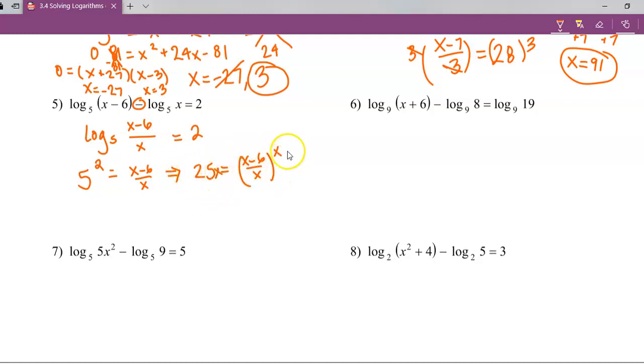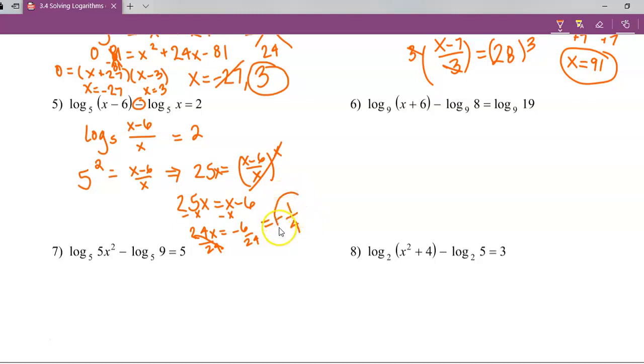I'm just undoing divided by x there, which gets rid of those. So then I am left with 25x equals x minus 6. Subtract an x from both sides, 24x equals negative 6, and then divide by 24. So negative 6 over 24 reduces to negative 1 over 4.